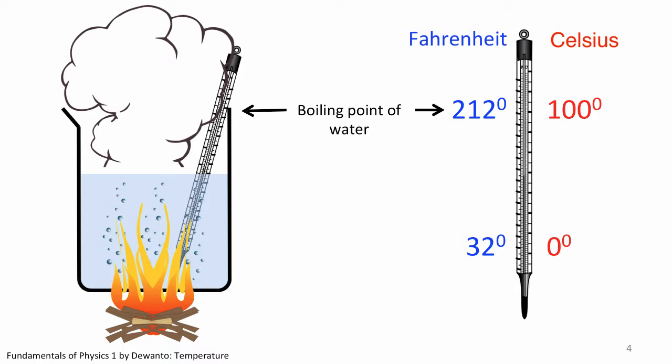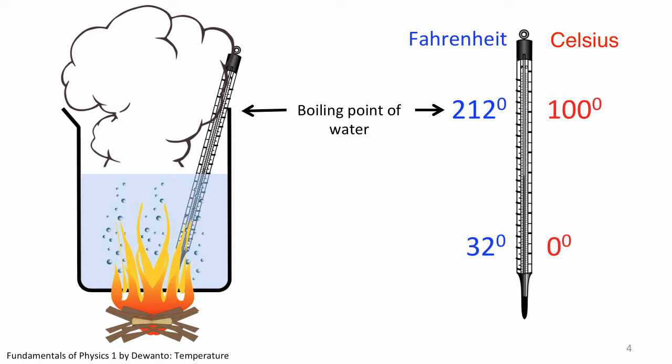The last step we need to do is to apply scales at uniform intervals, so that we are able to find out the temperature in between the melting and boiling point by way of interpolation, and the temperature below the melting point and above the boiling point by way of extrapolation. In this regard, both Celsius and Fahrenheit agreed to apply unit intervals in between the 2 points.